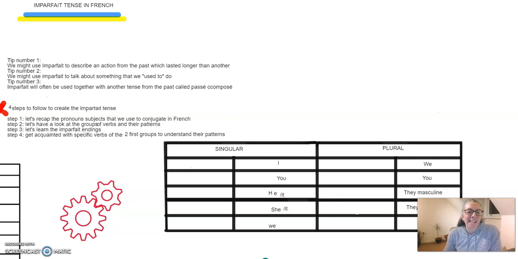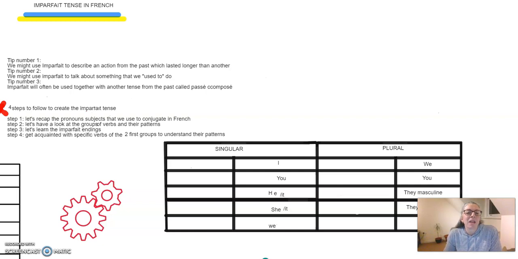The imparfait is used when we want to express an action from the past that lasted longer than another, possible other action, which is generally represented by another tense called the passé composé. So I'm going to give you an example here.